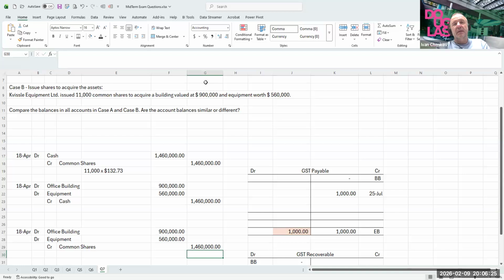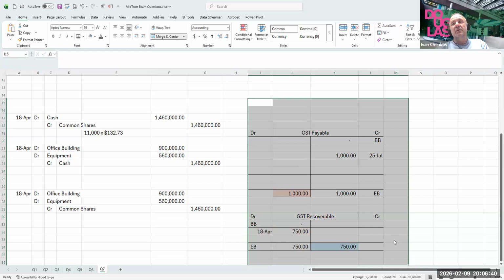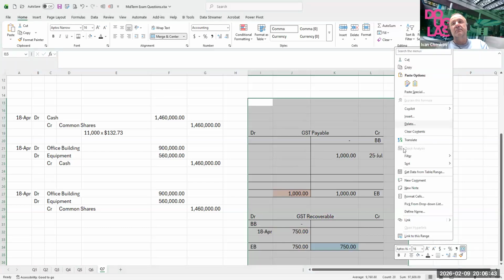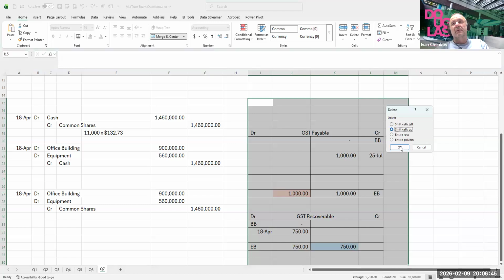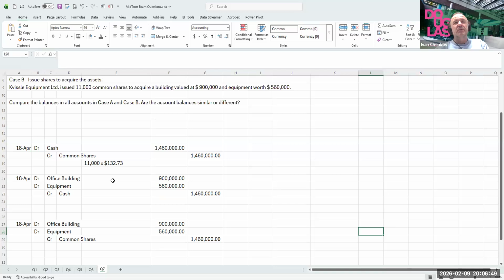What's the difference between one and the other? In general, is there any difference? Well, there's no cash moving. In both cases, there's no cash. Cash is zero, right? Once we look at the accounting balances, what do we have? We have common shares here for this one.